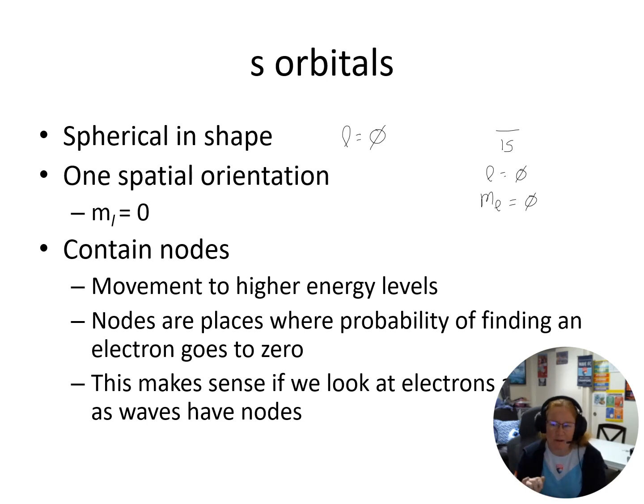Our nodes are where the probability of finding an electron goes to 0. Because of the wave-like behavior of our electrons, we can get destructive interference, places where the waves cancel each other out, and in those places there is no chance of finding an electron.